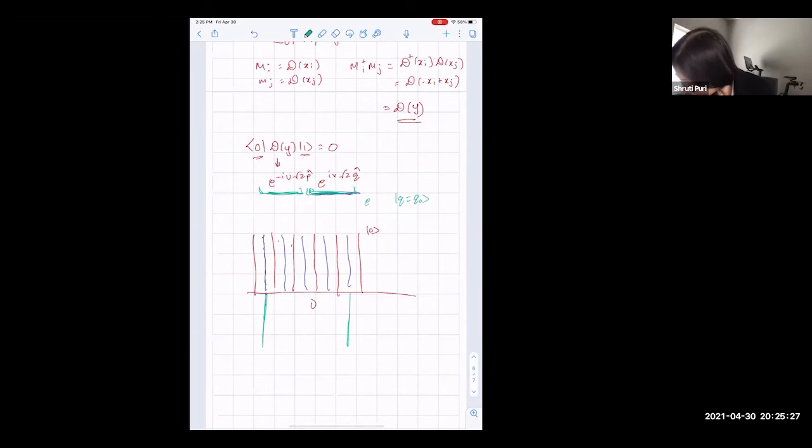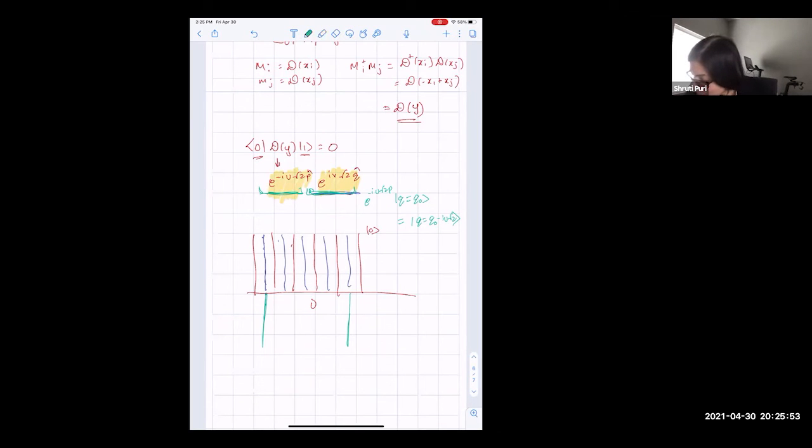If I apply e to the minus iu square root of 2 P to it, this just becomes Q equal to Q naught minus u square root of 2, something like that. So it just displaces it. This one just adds phases to the peaks, while this one shifts the peaks around.